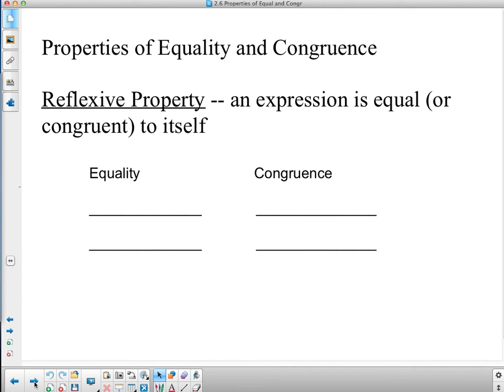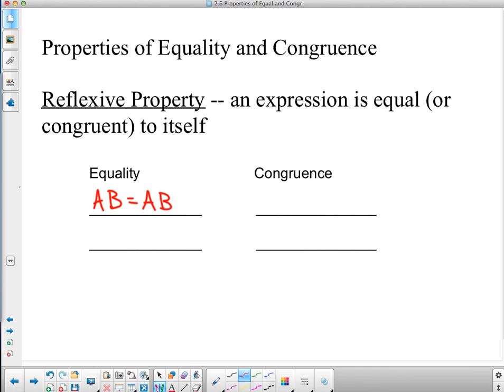Equality would be something like AB equals AB. AB means the distance between 2 points, so I'm saying the distance is equal to the same distance. If you were doing just algebra, 5 equals 5 or 6 equals 6 would be examples.